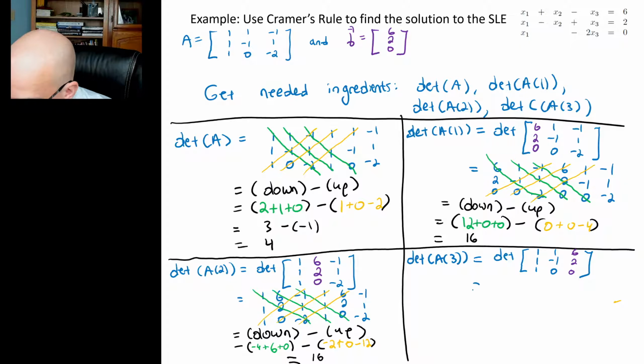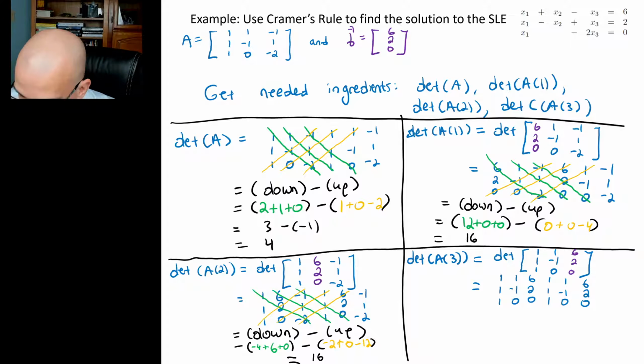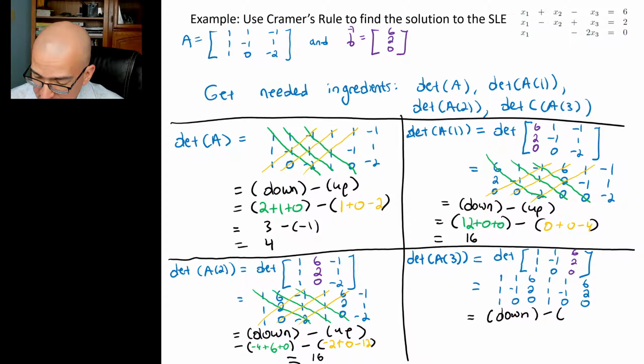And we'll make 2 copies, 1, 1, 1, 1, -1, 0, 6, 2, 0, 1, 1, 1, 1, -1, 0, 6, 2, 0, and then do the down products minus the up products. It's very mechanical. Unlike row reduction, where you have to be strategic, except for the selection of the method that you use to calculate the determinant, there isn't much strategy for these.